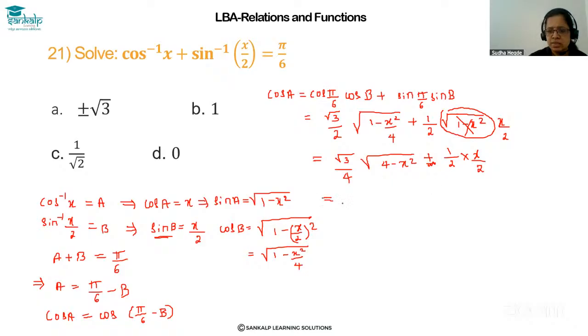So this is root 3 by 4 square root of 4 minus x square plus x by 4. Is that correct?